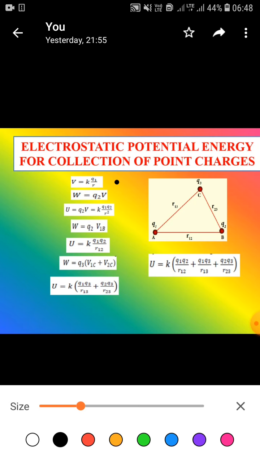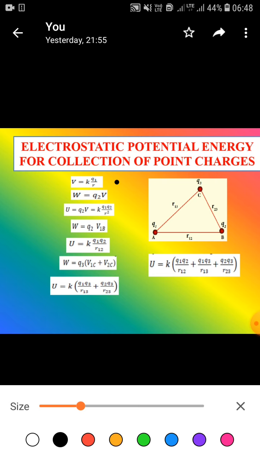Here k is the Coulomb constant, k is equal to 1 by 4 pi epsilon naught. Already we studied this in Coulomb's law. This potential V is the work done to bring a unit positive charge from infinity to that point.